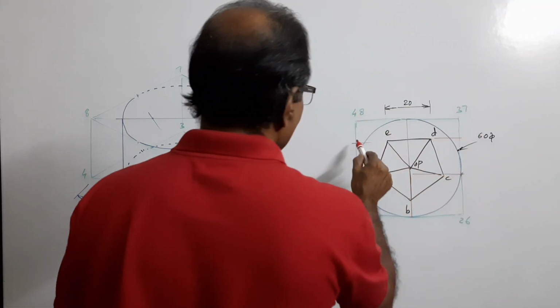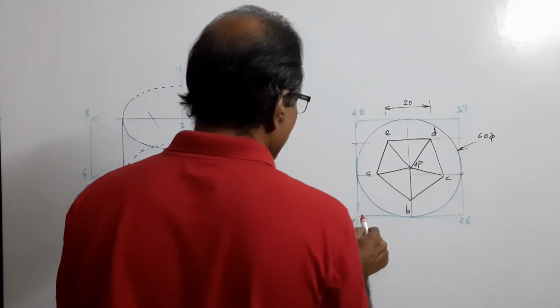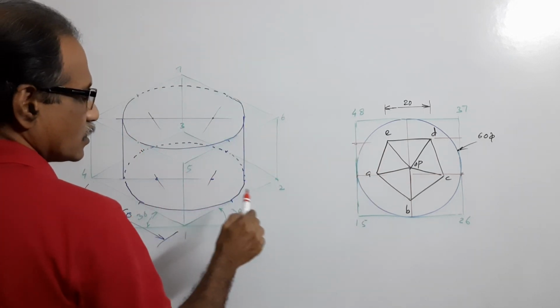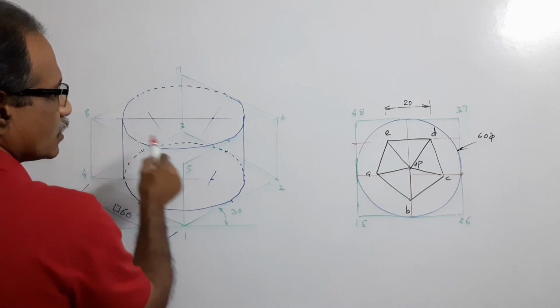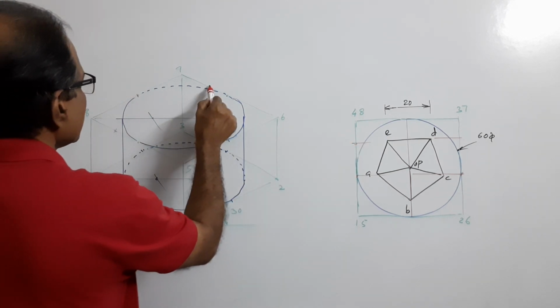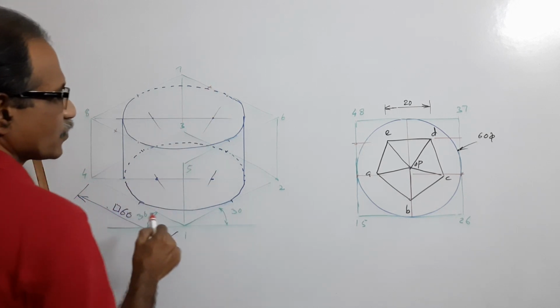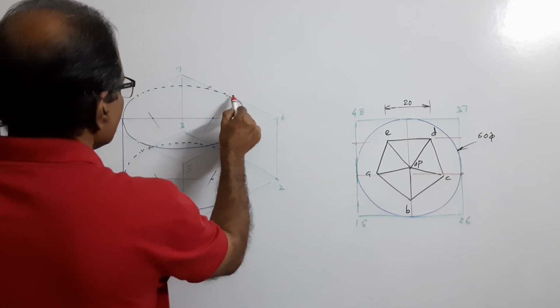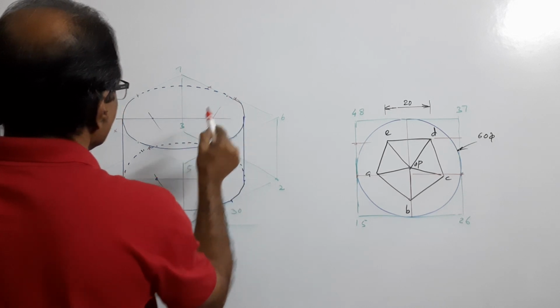Now, locate this point. Where is this point? On 5-8. Take this distance and mark here. Get a point there. Mark the same point here. Mark this point. Connect them.